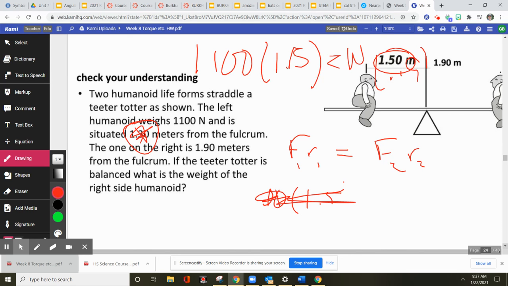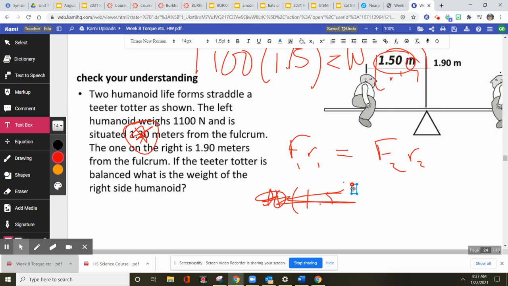Oh my God. 1100 times 1.5 equals the weight of the other guy times 1.9. And then you solve for the weight of the other guy by dividing both sides by 1.9.